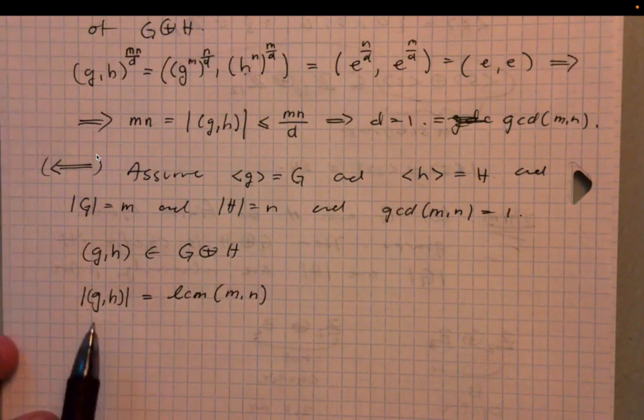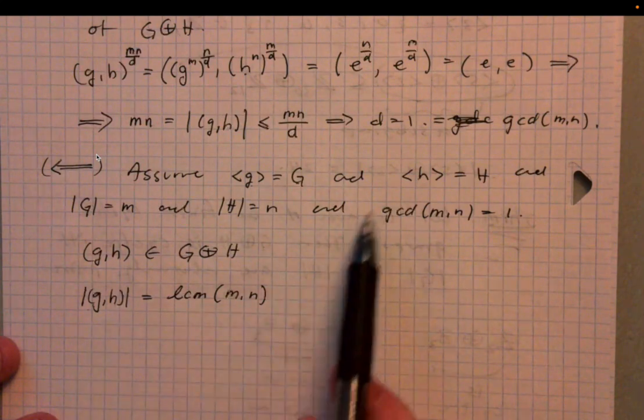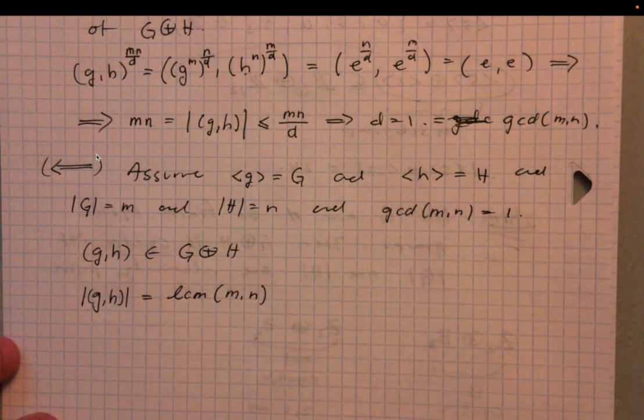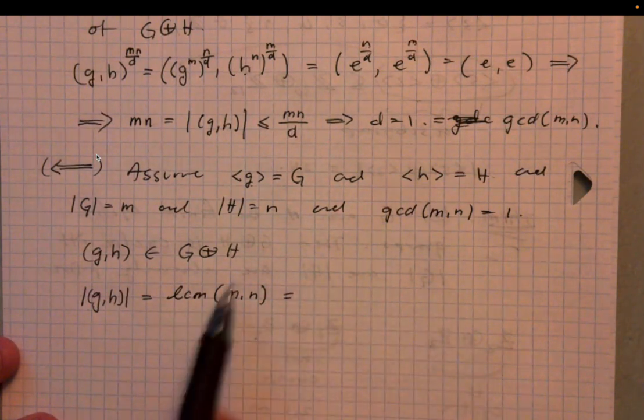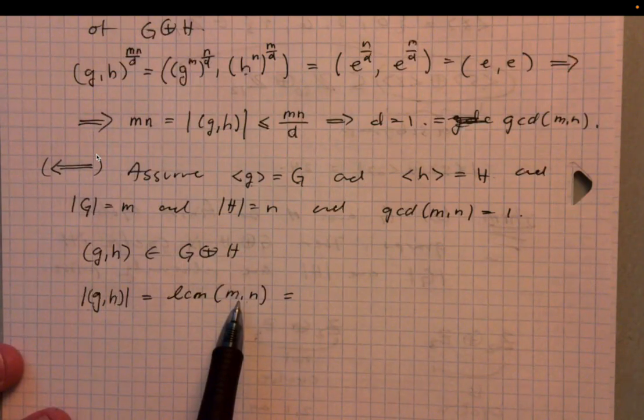The order of g must be m because it generates G. The order of h must be n because it generates H. We assume that these two are relatively prime, so the least common multiple is mn.